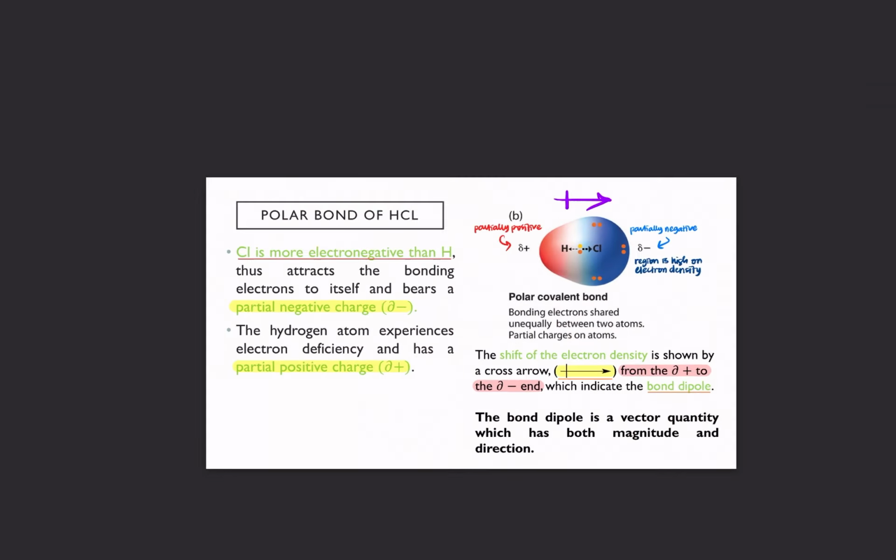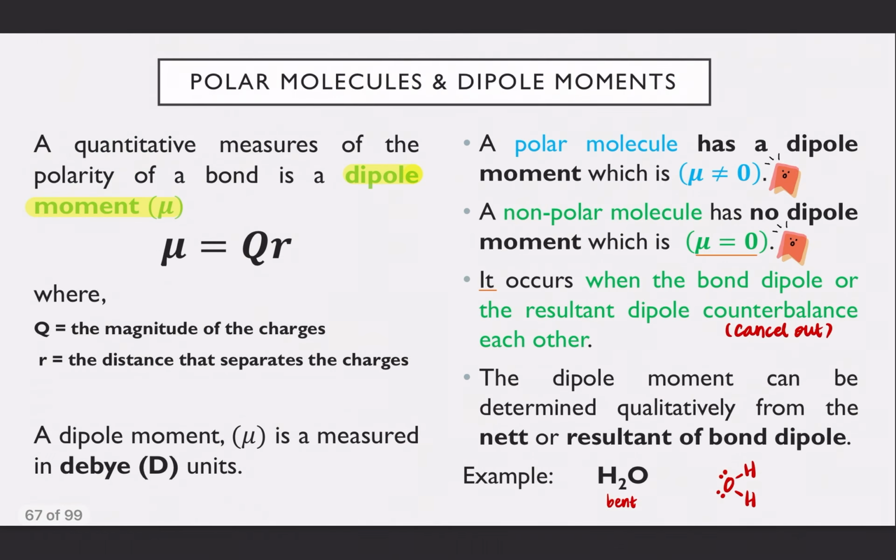Okay, so how do we measure the polarity of a bond? So you will use this term called dipole moment, represented by mu. So mu will equal the magnitude of your charge times the distance between your charges. Okay, it will be in debye units. So a polar molecule will have a dipole moment, meaning that your mu will have value.